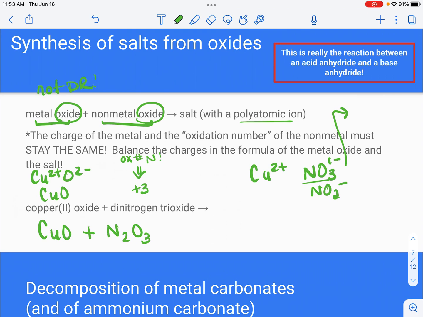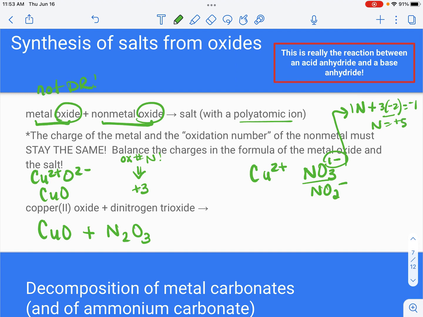So I'm going to come in here, and this has to be a nitrogen, which is what we're hoping to keep, but we need to know is positive 3, so we're going to use that as our variable. And 3 times negative 2 for the oxygen, and this time, because the total charge is negative 1, it has to equal negative 1. So my 1 nitrogen is going to be equal to, this is negative 6, I'm going to move it to the other side, my nitrogen would be plus 5.